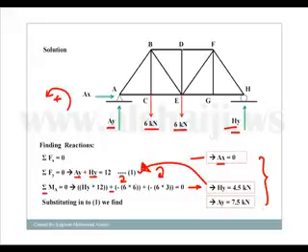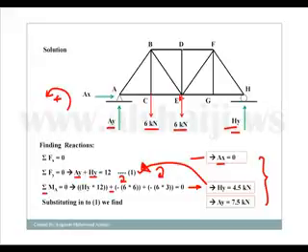Okay, now we're ready to start picking the joints we will be using. We have so many joints in this truss: A, B, C, D, E, F, G, H. That's a total of 8 joints. The trick in picking a joint is very simple.